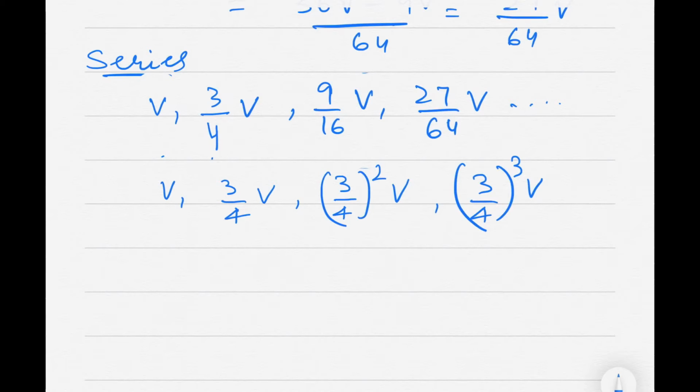So I can say that this is not an AP, because the difference of the second term minus the first term will not be equal to T3 minus T2. You can check also, but it's okay if you write it down like that.